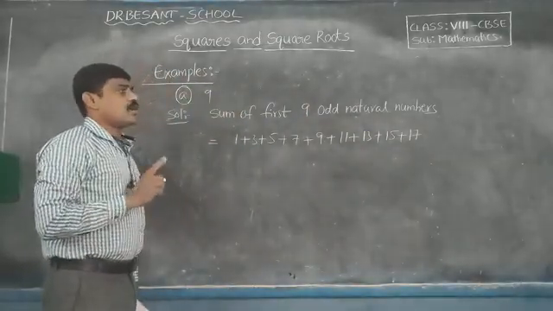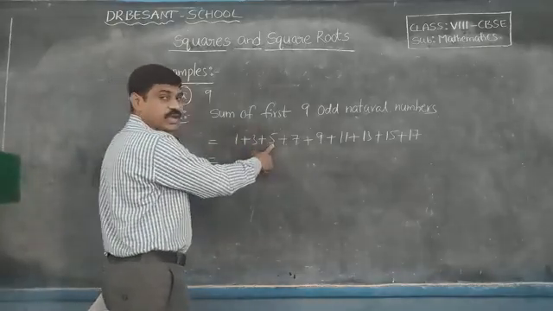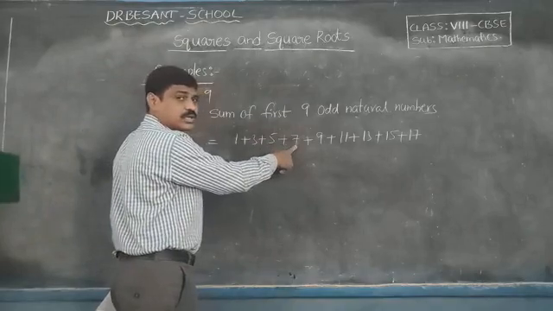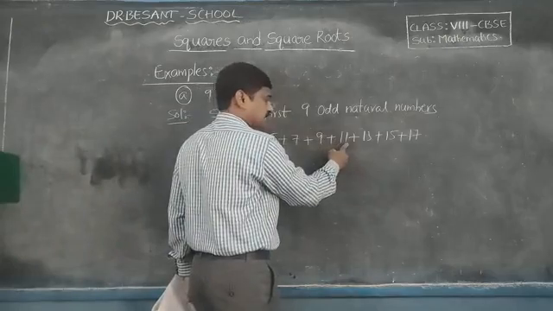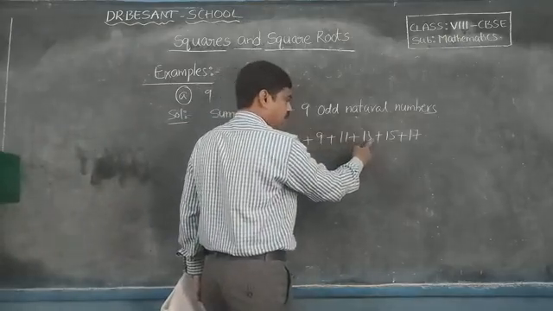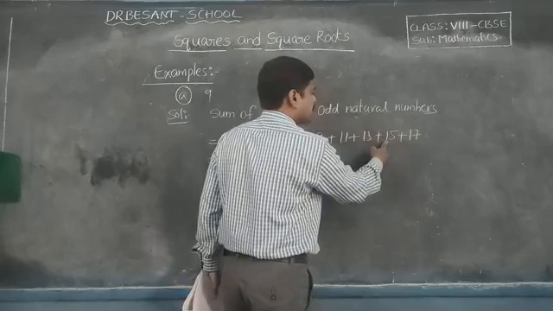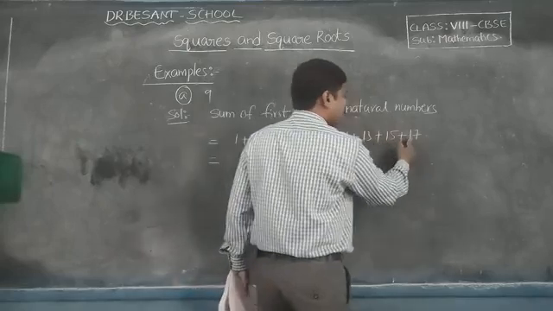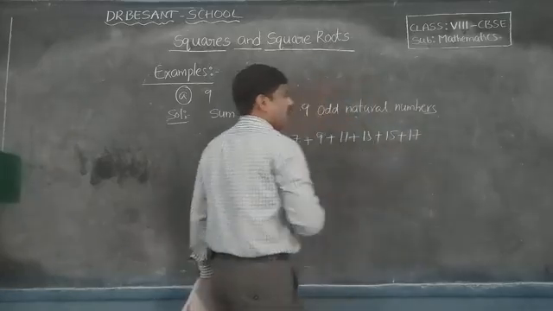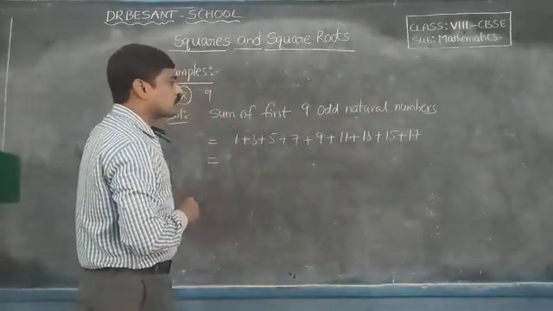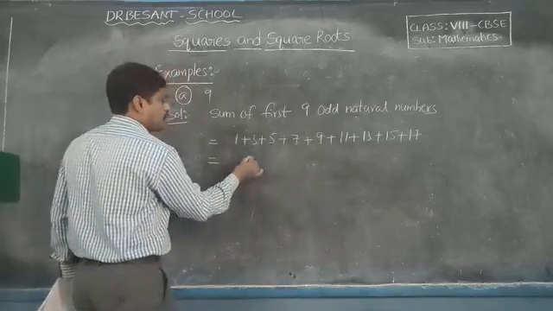So the sum of the first 9 odd natural numbers: 1 plus 3 is 4, 4 plus 5 is 9, 9 plus 7 is 16, 16 plus 9 is 25, 36, 49, 64, 81.